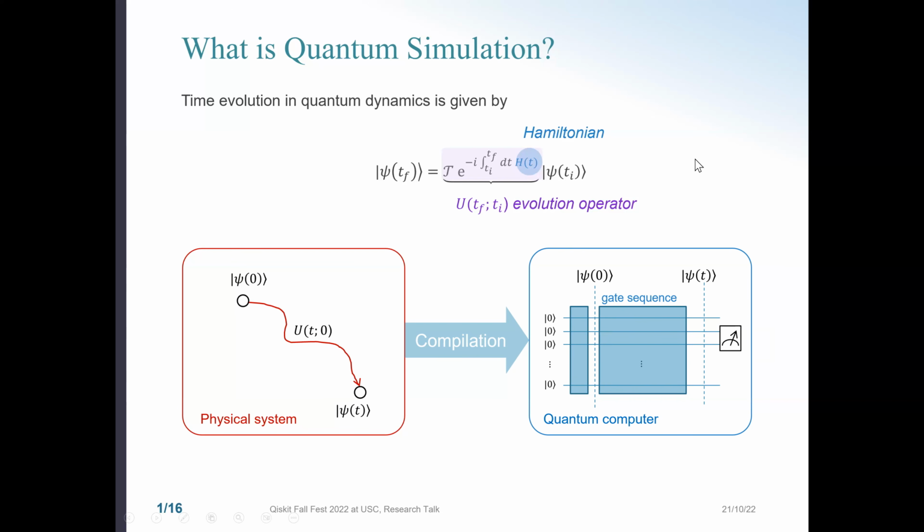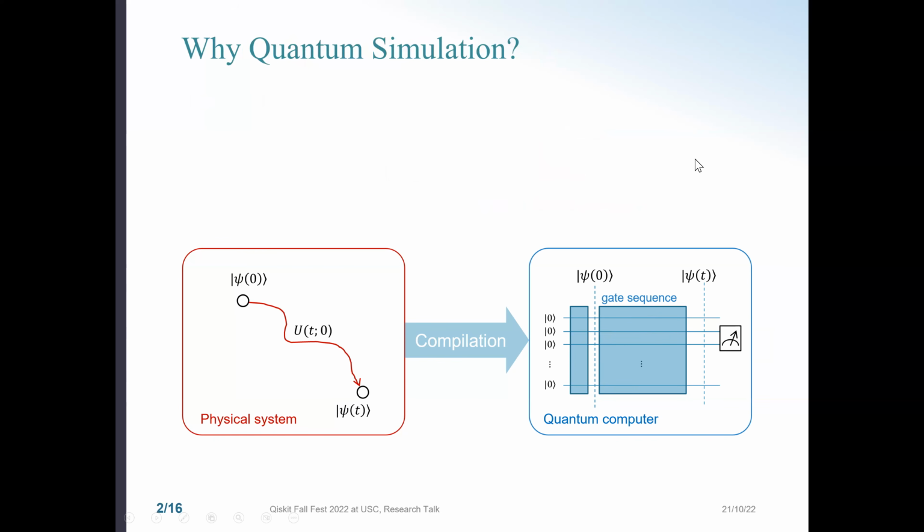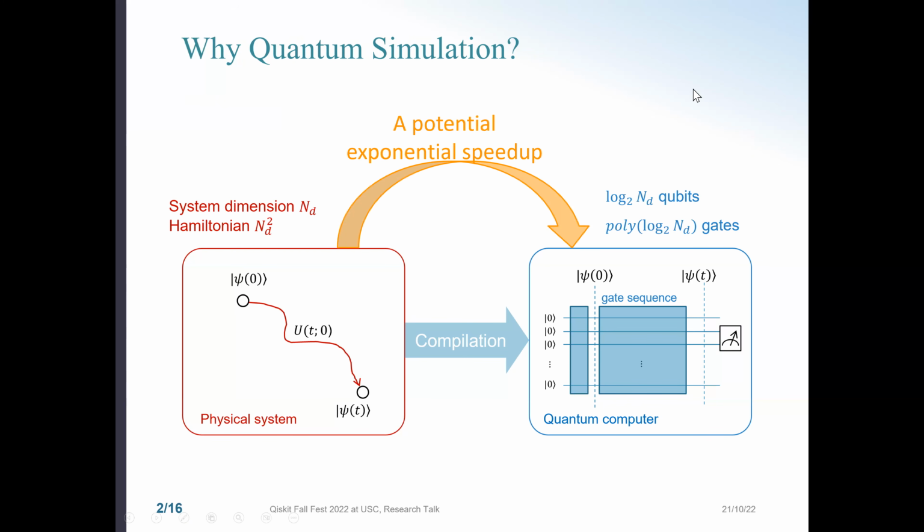Then a natural question follows: we know how to solve the Schrödinger equation with paper and pen or with a powerful computer, so why do we bother to do it on a quantum computer? One big reason is that there is a potential exponential speedup in doing this calculation on a quantum computer. If you think about a system with N_D degrees of freedom, then the Hamiltonian has a dimension of N_D squared.